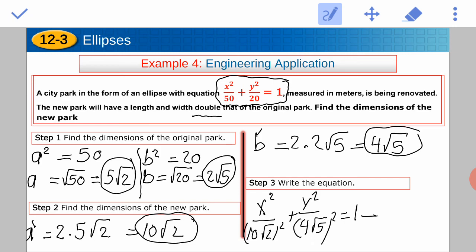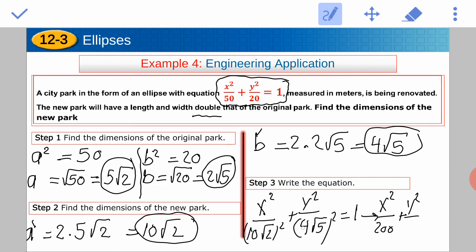Or you can simplify this equation and put it in the simplest form. It's going to be x squared over: if you square this quantity, you need to square the 10, and square the square root of 2, and multiply them. So it's going to be 100 times 2, over 200, plus y squared over the square of 4 times square root of 5.